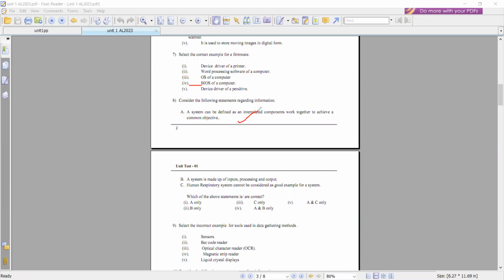A system is made up of input, processing, and output. That is also correct. Human respiratory system cannot be considered as a good example of a system. No, it is also a system. The name is given with the word system, right? Respiratory system. So A and B, that is fourth answer.